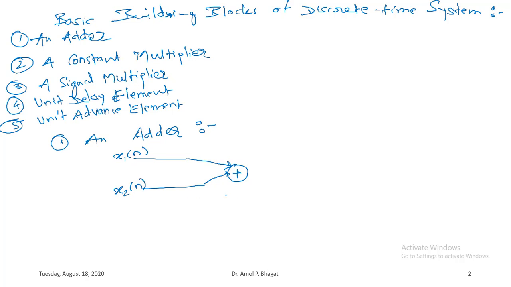These two inputs are applied to the given block, which is nothing but the adder, and it will produce an output denoted as y of n, which is the addition of the two applied inputs, that is x1 of n plus x2 of n. All these sequences or signals are discrete in nature.